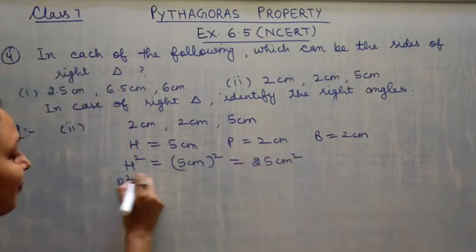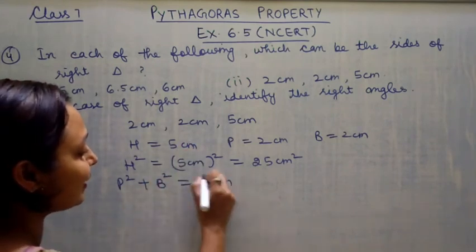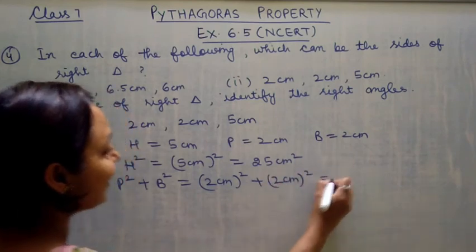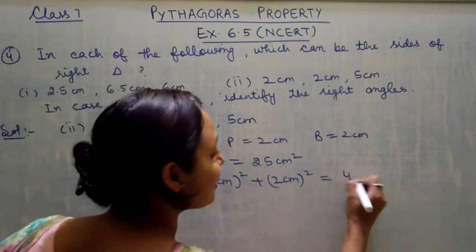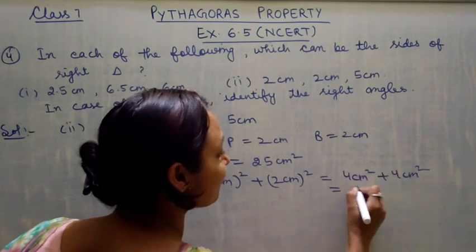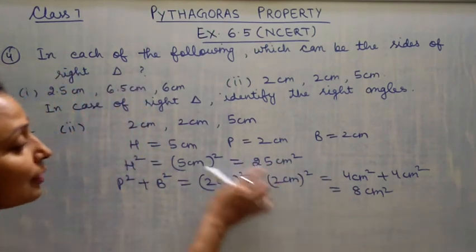When I check perpendicular square plus base square, perpendicular is 2 centimeter square plus base is also 2 centimeter square. That is equal to 2 2s are 4 centimeter square plus 4 centimeter square. So 4 and 4, 8 centimeter square. It will never be equal. Both are not equal.